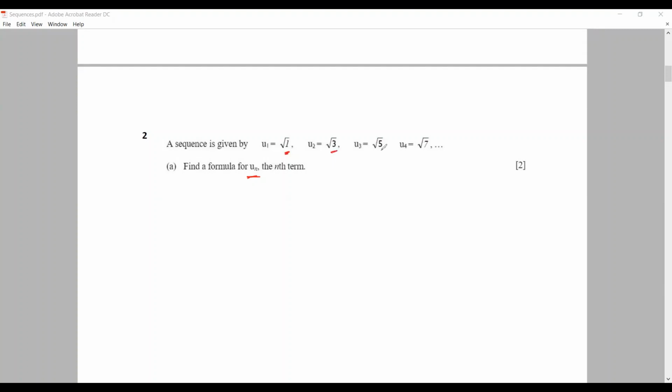The number under the radical is what we should be looking at. Let's say the square root doesn't exist there, because it's always there, right? So for u sub n, it's still going to be there. However, the number beneath it is changing. So 1, 3, 5, 7.